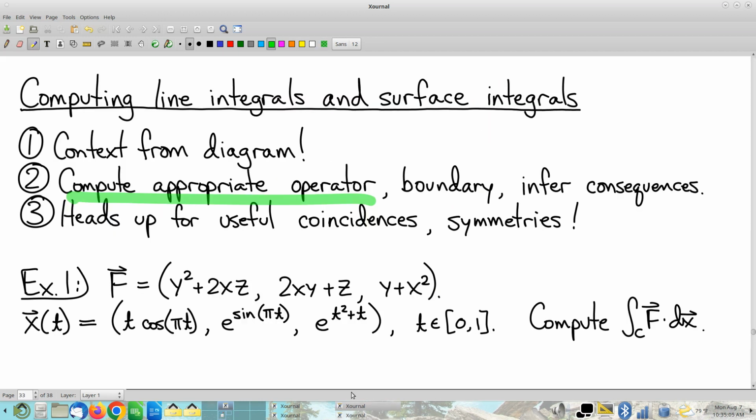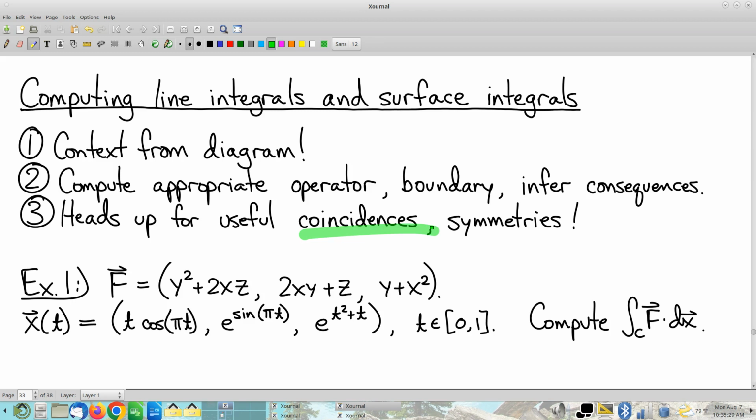So we've talked about the context. We've talked about, do what the diagram tells you to do, right? And then other than that, you've got candidate theorems to think about using. Look and see which ones seem like the most convenient to use. And don't forget, you might get geometrically lucky. Always worth a look.